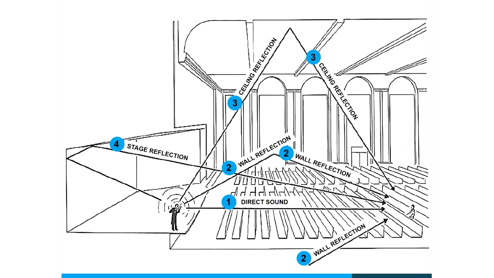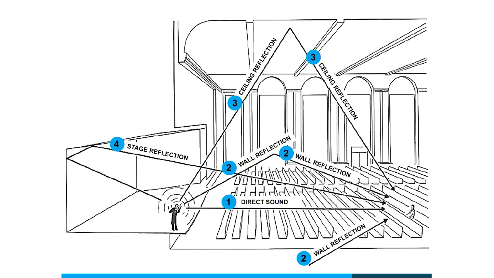So if our ears catch some of those reflected sounds much later than the direct sound, for example 1 second later, our brain will recognize this as the echo. But if these reflected sounds arrive very quickly after the direct sound, within a few milliseconds, our brain will have a problem to recognize what was the direct sound and what was the reflected sound.